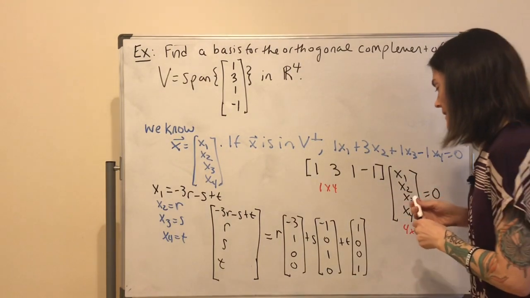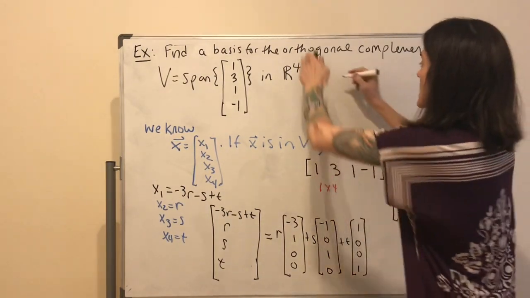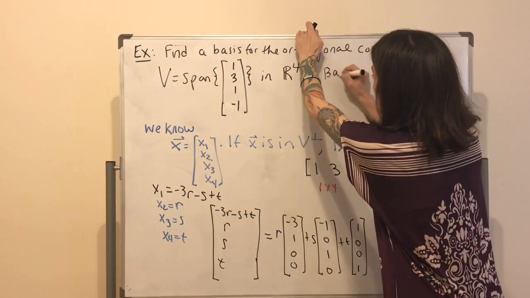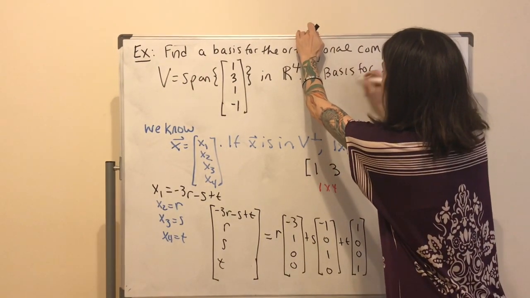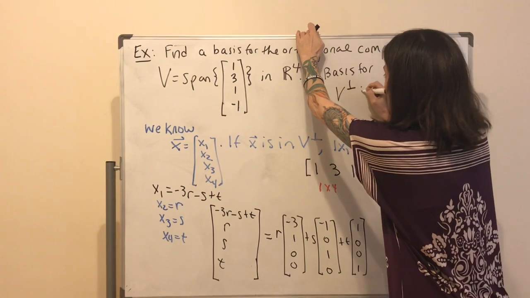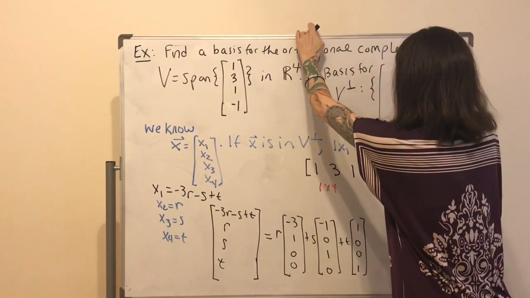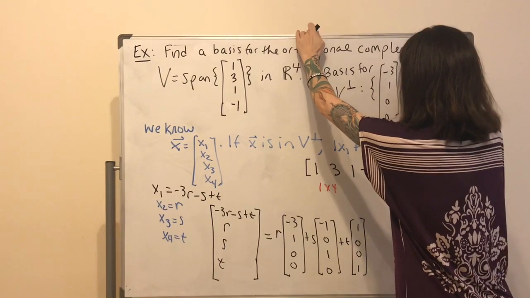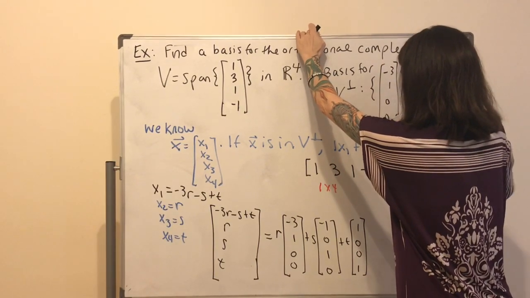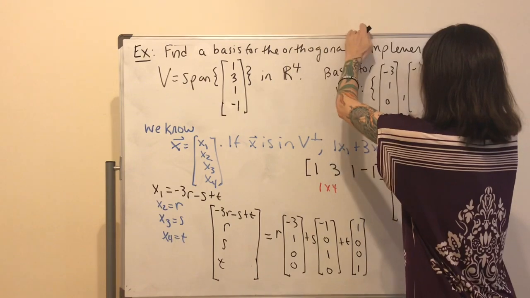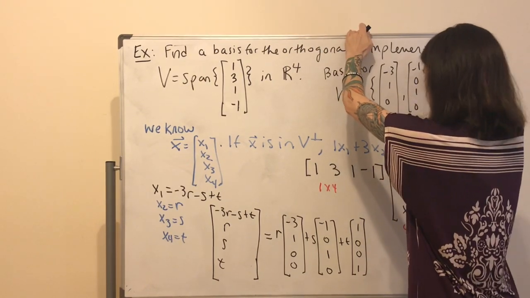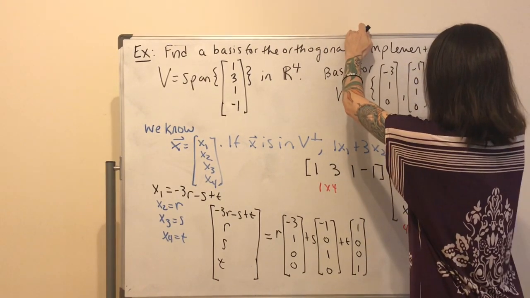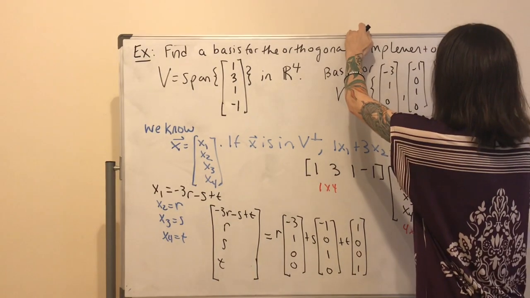What we see here is that my basis for VPerp is minus 3, 1, 0, 0, minus 1, 0, 1, 0, and 1, 0, 0, 1.